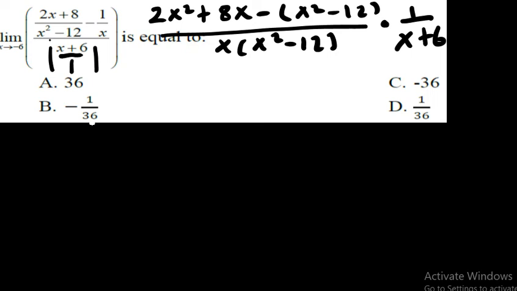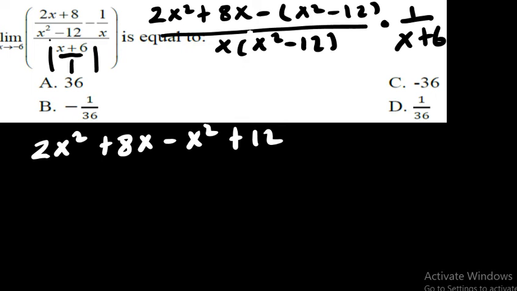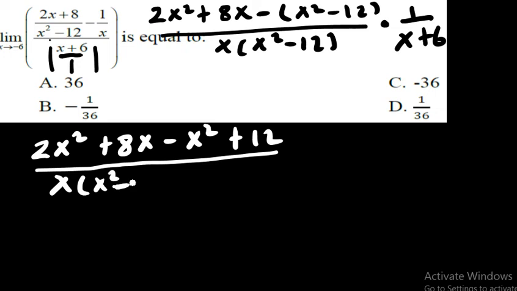Now let us finalize. This is going to be 2x squared plus 8x minus x squared plus 12, because negative times negative will be plus 12. The whole over x into x squared minus 12 into x plus 6. The denominator part all will be multiplied, and we can keep it in this form.